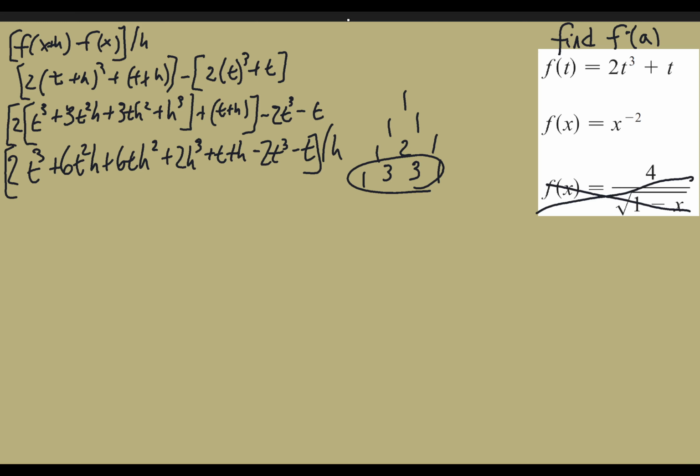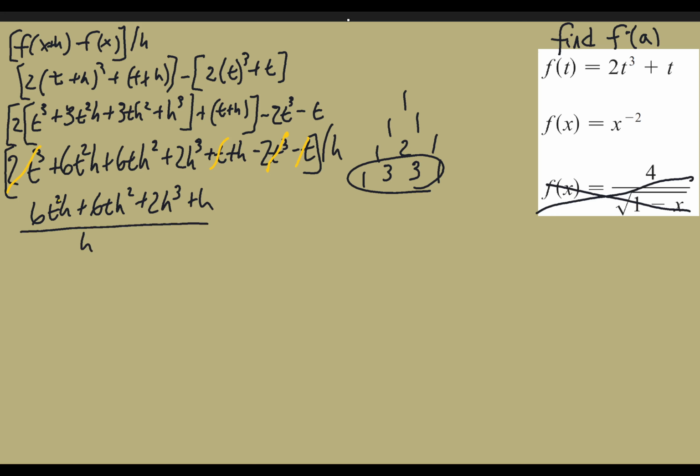So can I cancel anything out? It should, right? There's a 2t cubed to cancel out and a minus t. Here's a plus t. So that's almost everything that cancels out, right? So we get a 6t squared h plus 6th squared plus 2h cubed plus h, all divided by h.